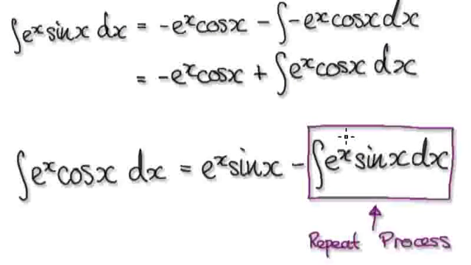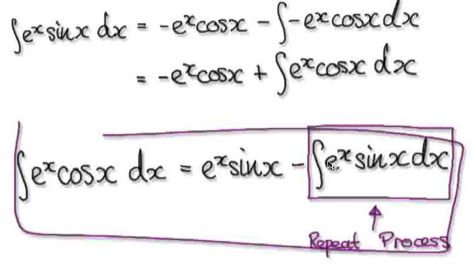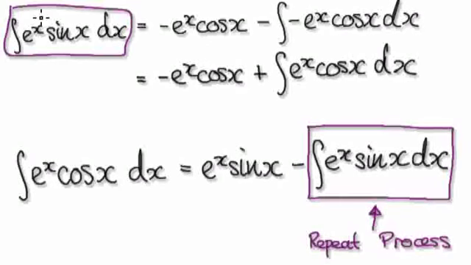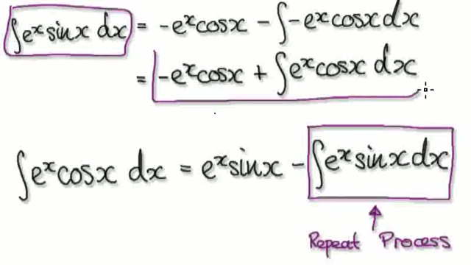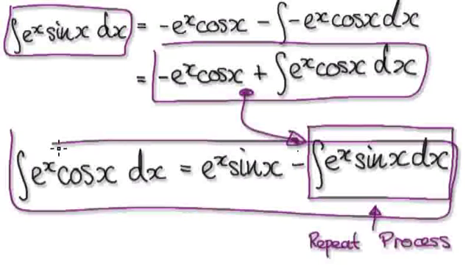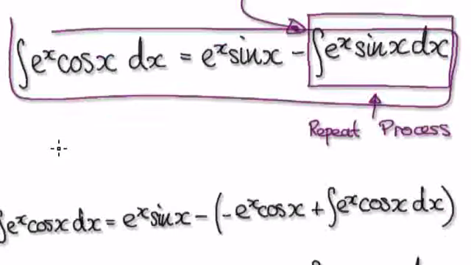Let me rephrase this: earlier we had to repeat the process on this block here, and when you process this block, it will give you this. So now let's put this into here. Overall this whole thing here will become this.